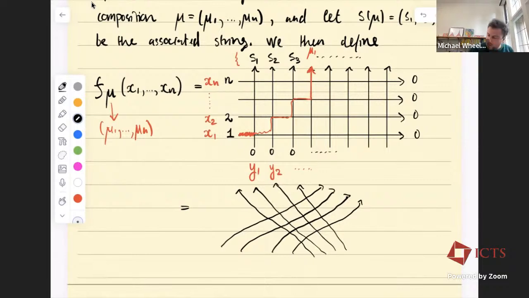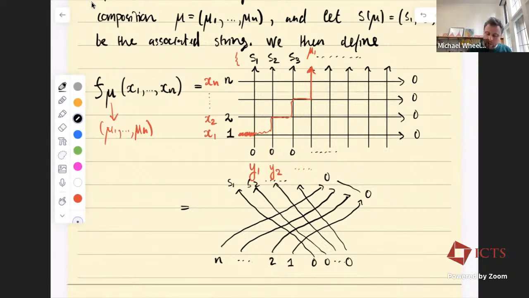Where here I take, let's say, 1 up to n, and these are zeros. And then here I have some zeros. And then here is my string S1, S2, and so on. Okay, so definitely it's in the same family of objects that we've been studying so far.